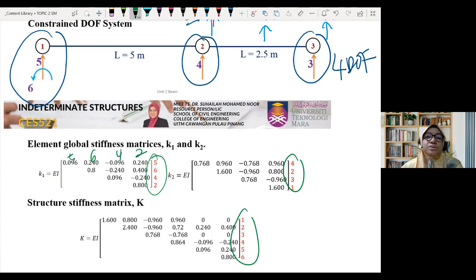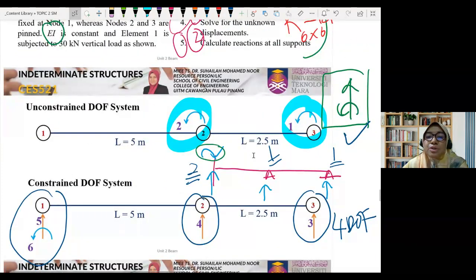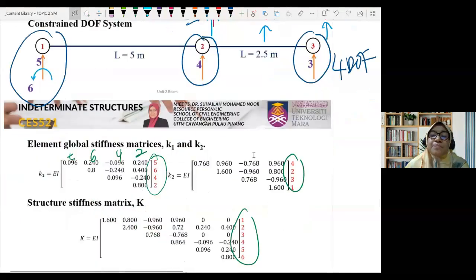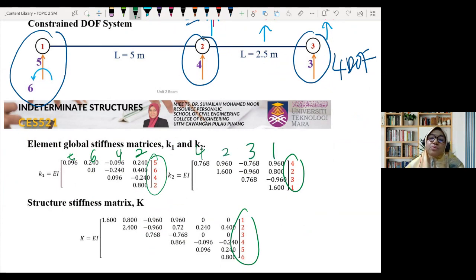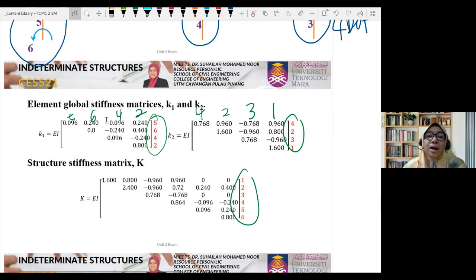And K2 is for element number 2, and for element number 2, the label YZ is 4231. By having these two element stiffness matrices, we will combine them to produce the structure stiffness matrix.